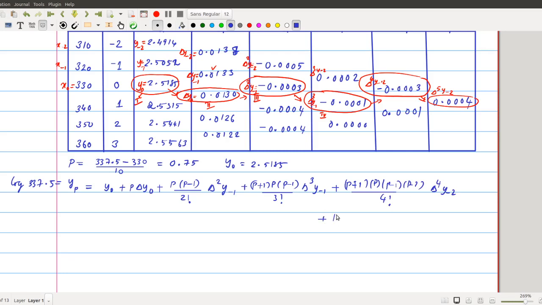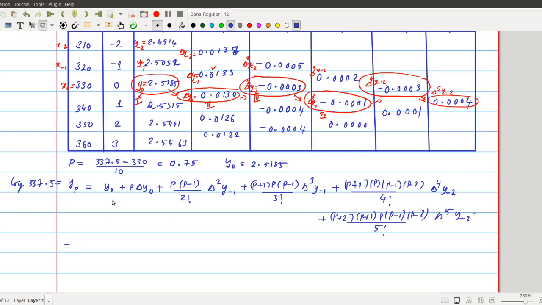The last term we have p plus 2, p plus 1, p, p minus 1, p minus 2 divided by 5 factorial delta raised to 5 y minus 2. Here we have only this many steps.